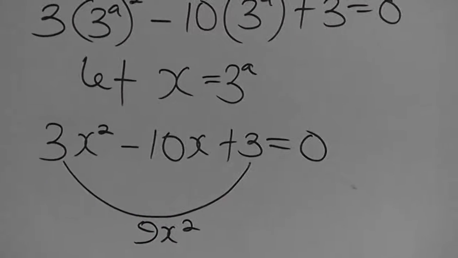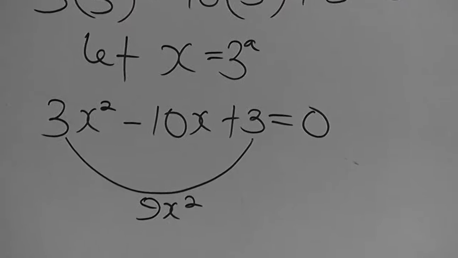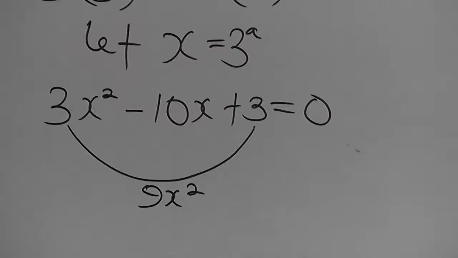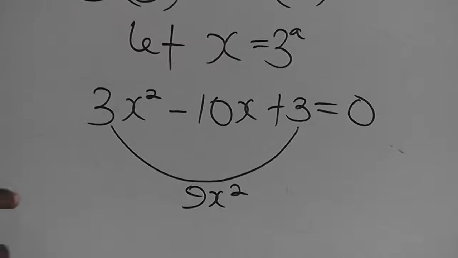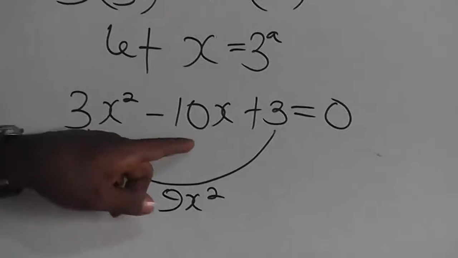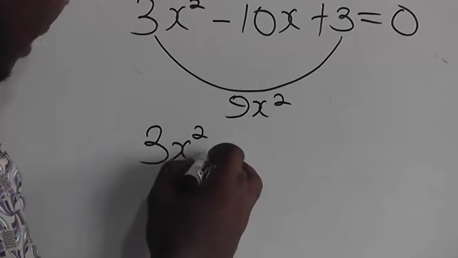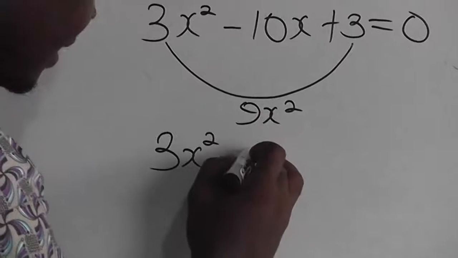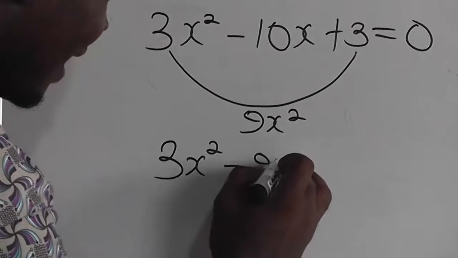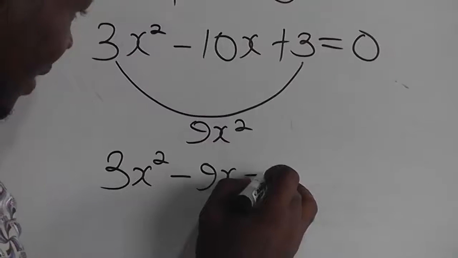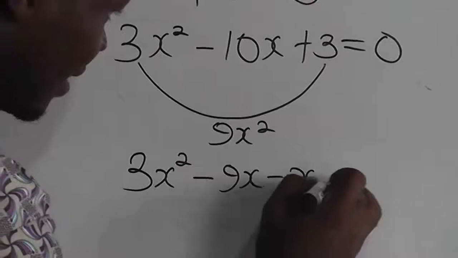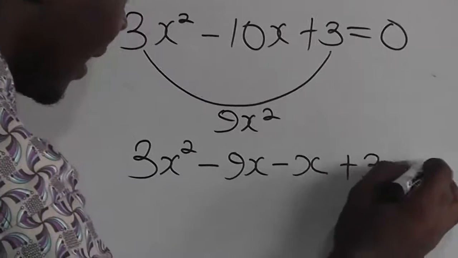Now those two numbers will be 1 and 9. So if we substitute those two numbers with the middle term, we will have 3x squared minus 9x minus x plus 3 equal to 0.